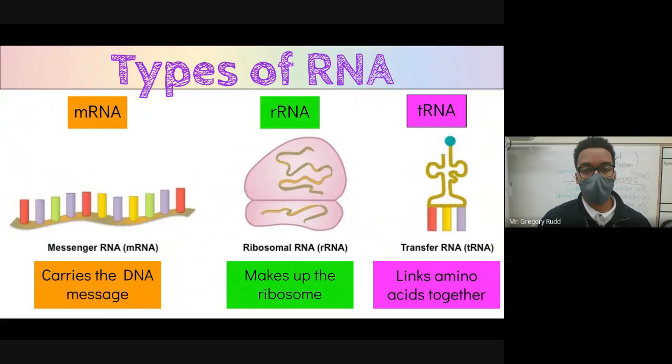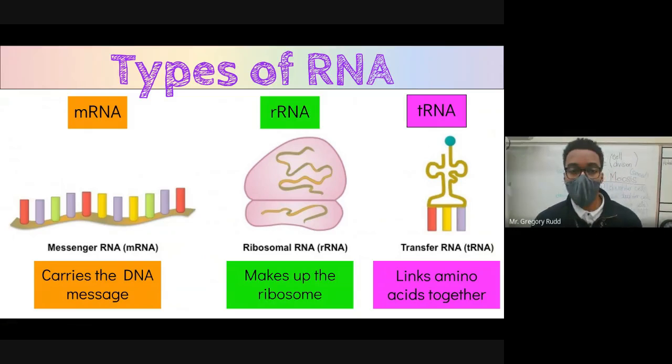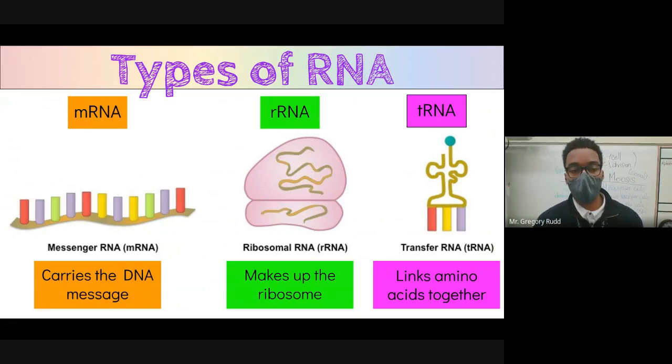Okay. So here are the different types of RNA. There is mRNA, which carries the DNA message. It stands for messenger RNA. You should be writing this down as well. mRNA carries the DNA message. rRNA is a part of the ribosome.